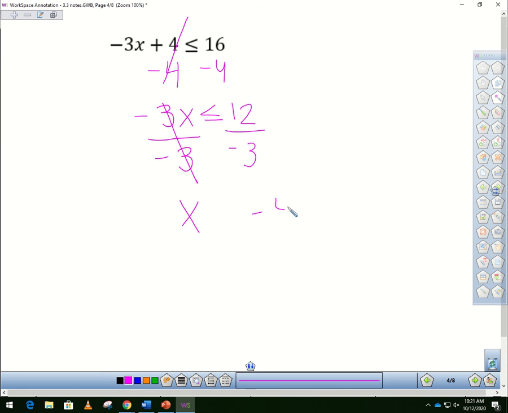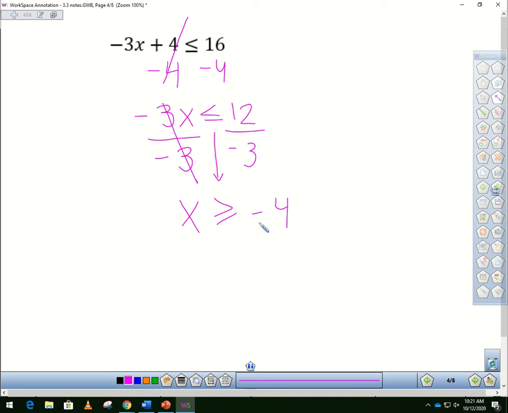Now this is where we have to note that new rule we learned. If we divide by a negative number, what do we need to do with our inequality sign, according to the last slide? You need to flip it. We need to flip our inequality sign, okay?